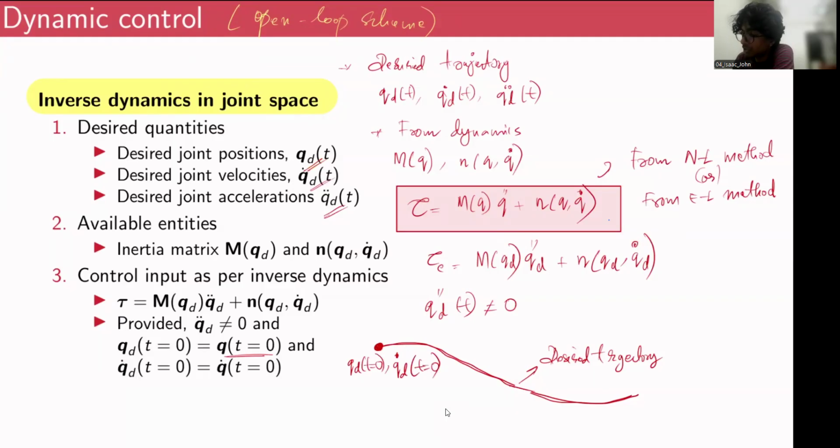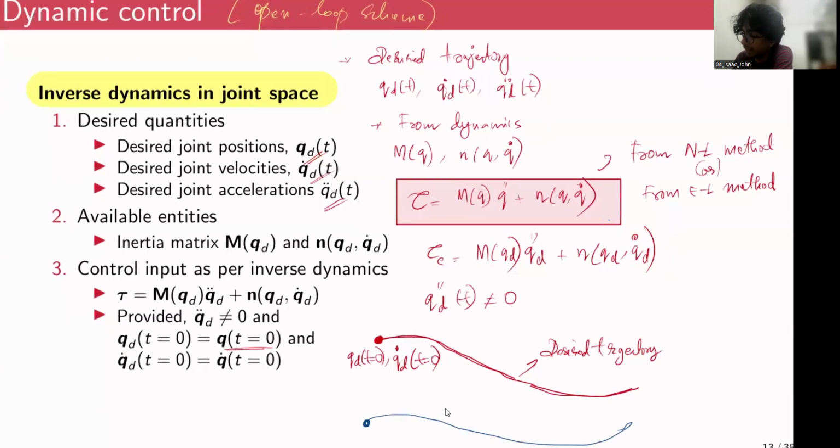If your robot's actual position is somewhere else at time t equal to 0, and you supply this control input, your robot is going to execute a similar kind of motion to the desired trajectory, but there is always going to be an offset between the desired and the actual trajectory, right? The motion executed is still very similar, but there is always going to be an offset.